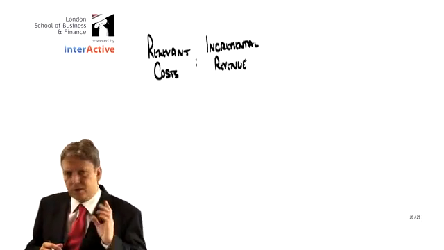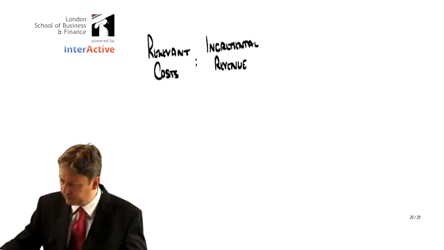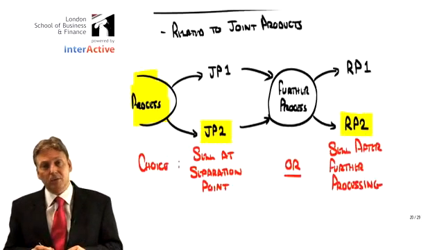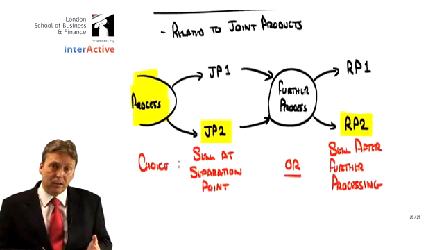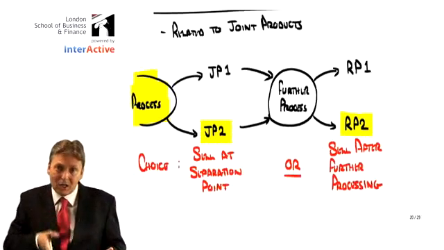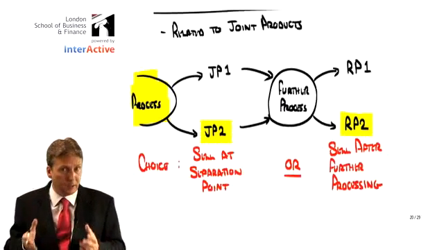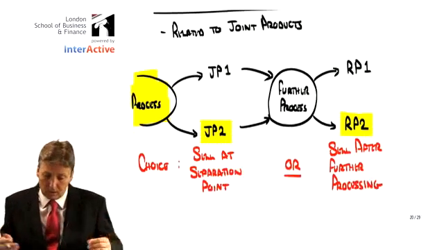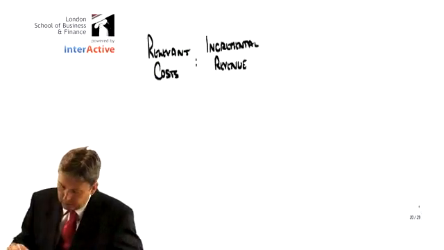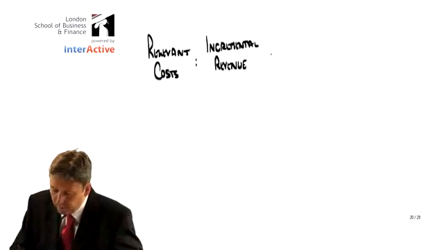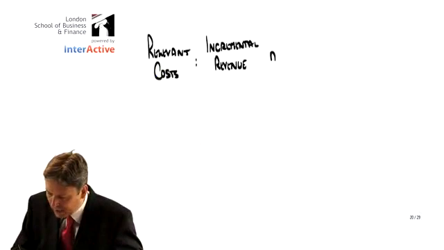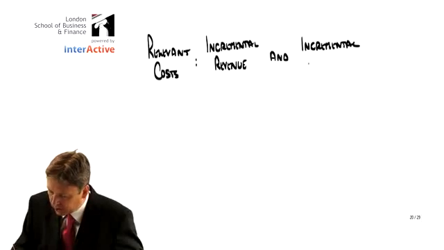But hold on a moment, that's not the whole story. In order to be able to sell at the refined product stage, we are incurring costs in the further process. So, when we look at the relevant costs, we look at the incremental or additional revenues and the incremental or additional costs.